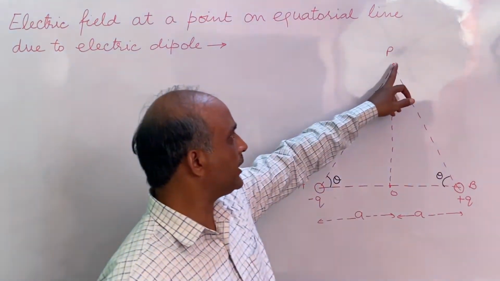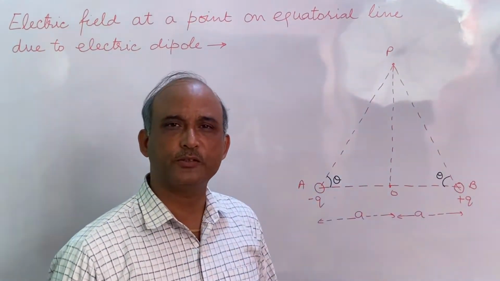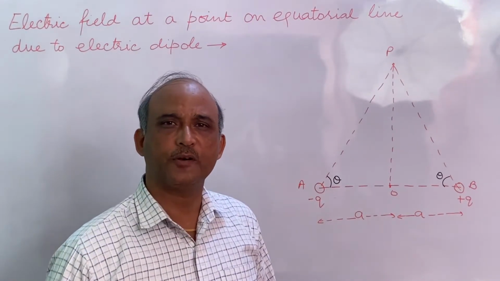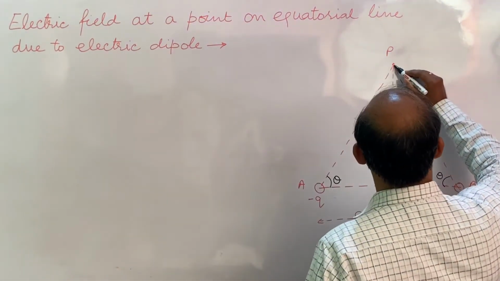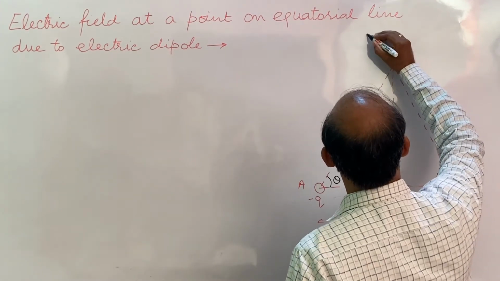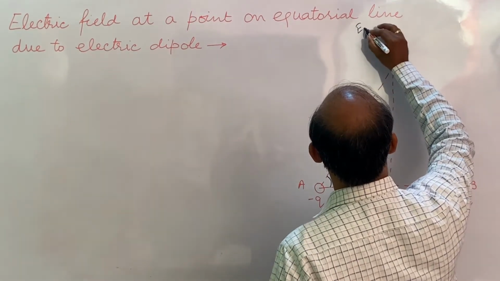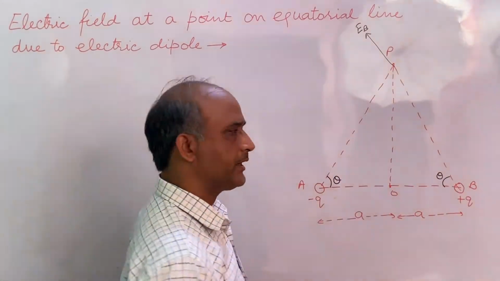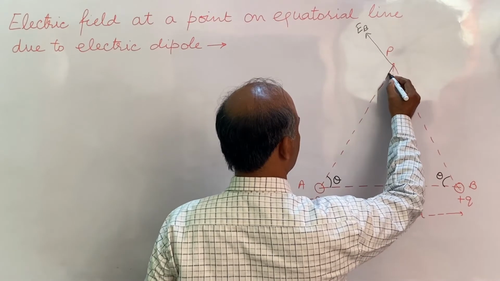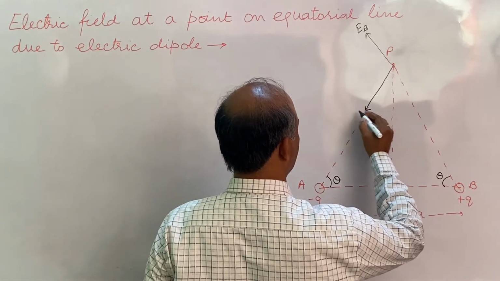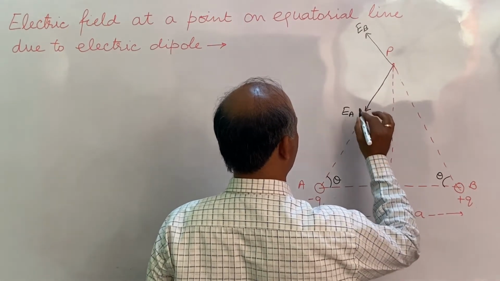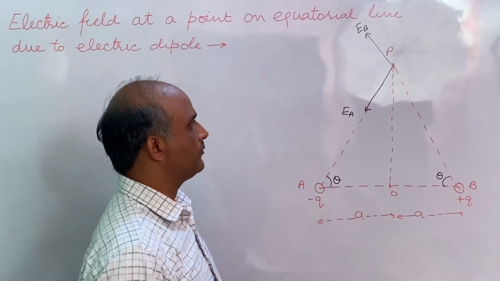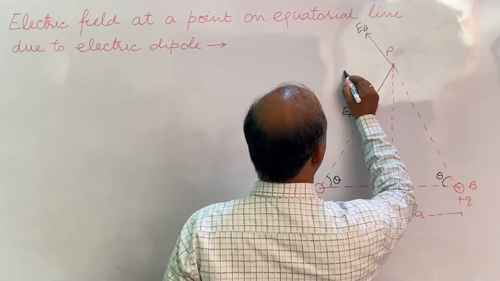The electric field at point P due to plus q charge is away from the positive, and due to minus q charge towards the negative along the line joining. The resultant of these two will be in between them.